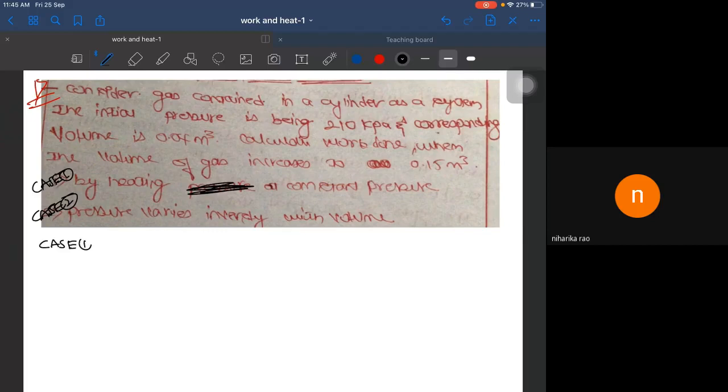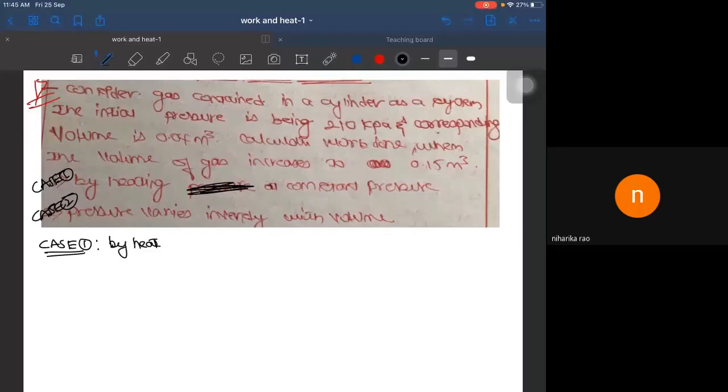So, what does case one say? How is the process being carried out? He is heating the gas at a constant pressure. So if he is heating the gas at constant pressure, which process should I consider it as?